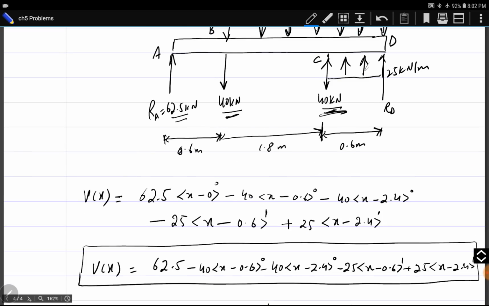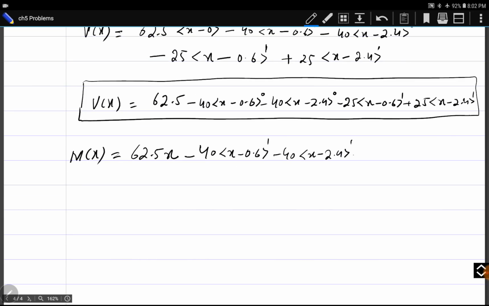So for downward 25 kilonewton, it will be negative 25 by 2. So 25 by 2 can be written as 12.5 into x minus 0.6 power 2. And for upward force, it will be plus 25 by 2. So again, it can be written as 12.5 into x minus 2.4 power 2.